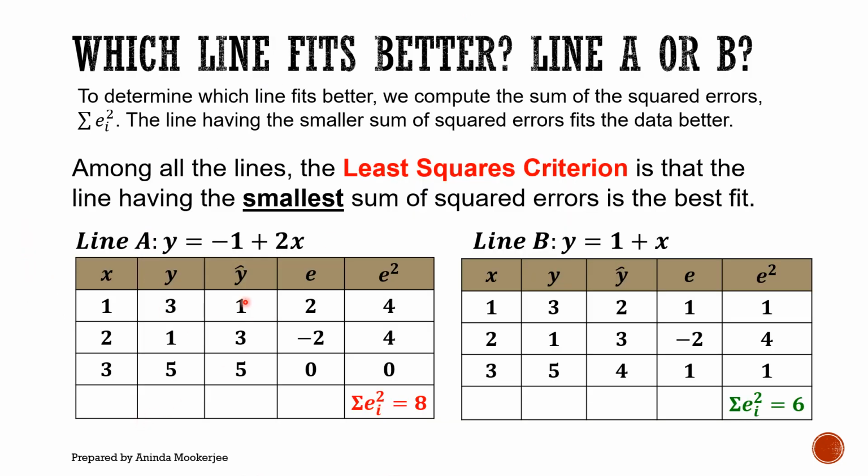Now this slide explains a little bit on the steps we took previously. These two tables are the same as what we saw in the previous slide. It says to determine which line fits better, we compute the sum of the squared errors, that is sigma e squared sub i.